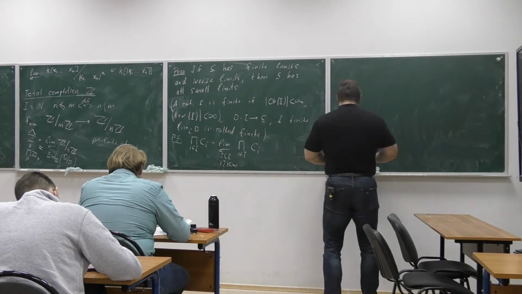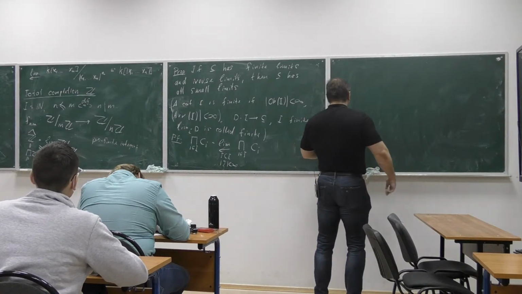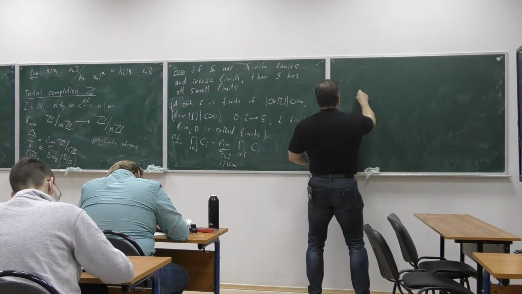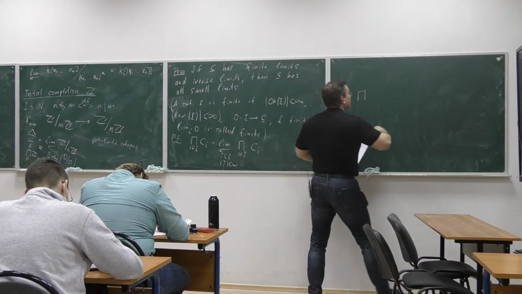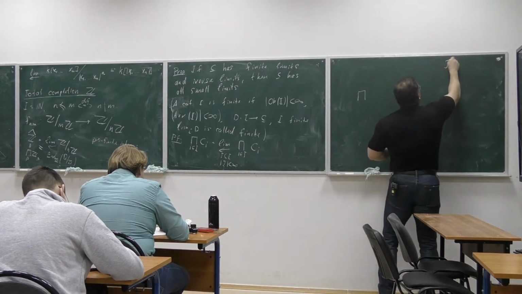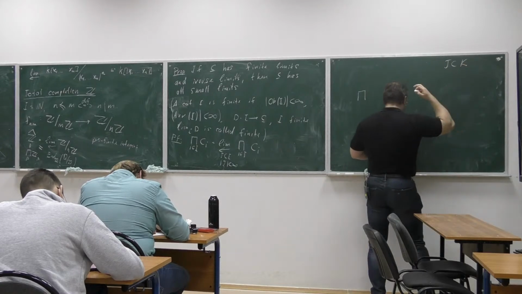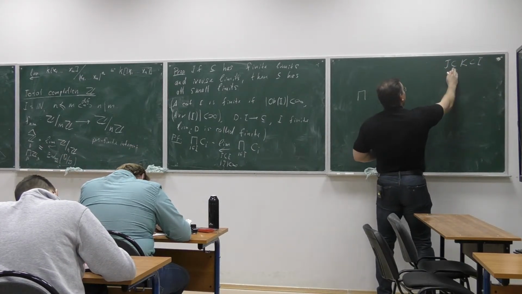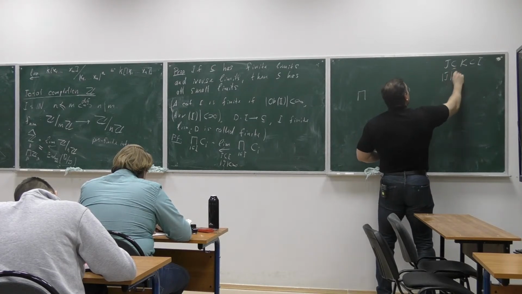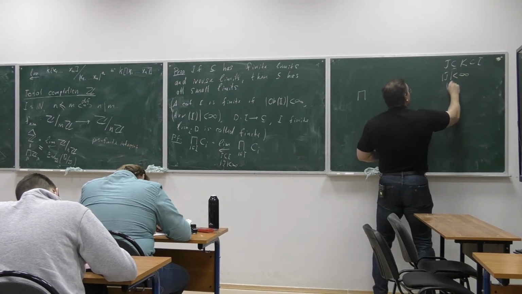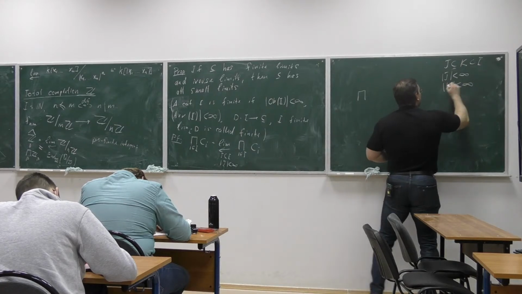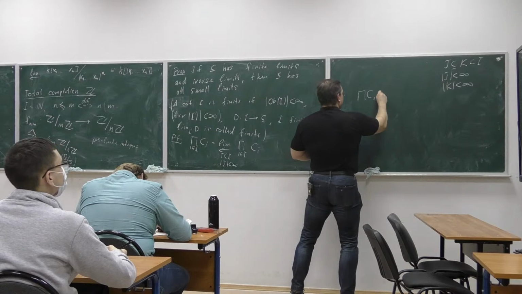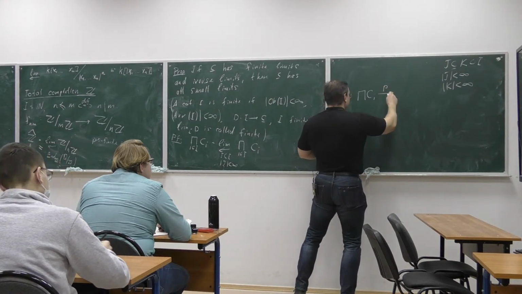Now I can do this a little bit with more details, right? Say I take two finite sets, so J sits inside K, and of course everything is inside I. Maybe they coincide. J is finite, K is also finite, right? And then we have projections.